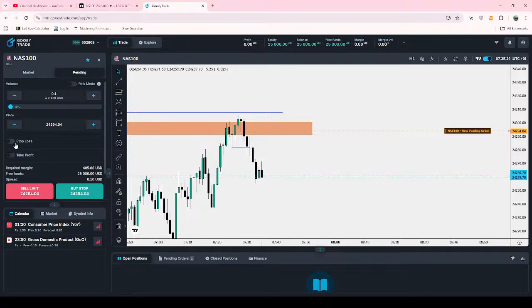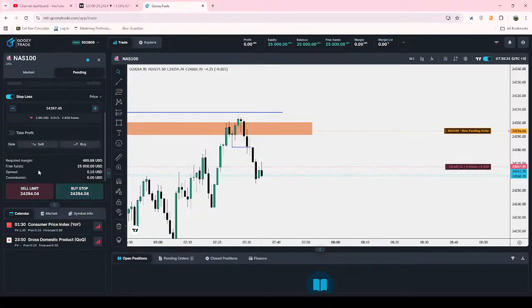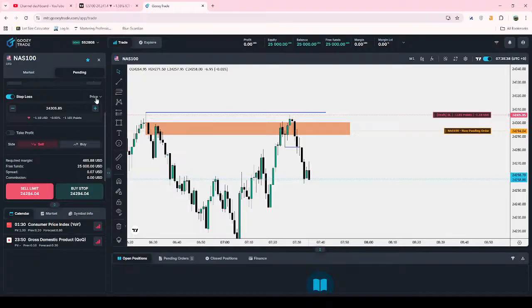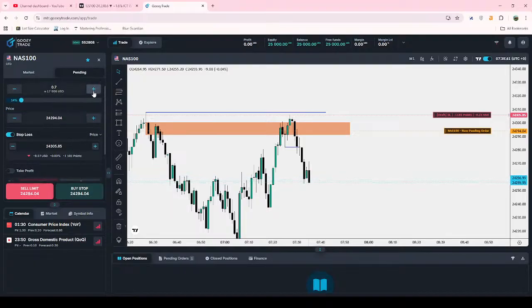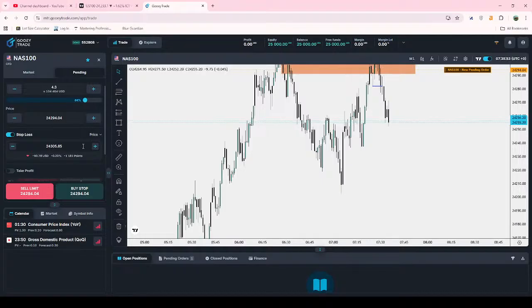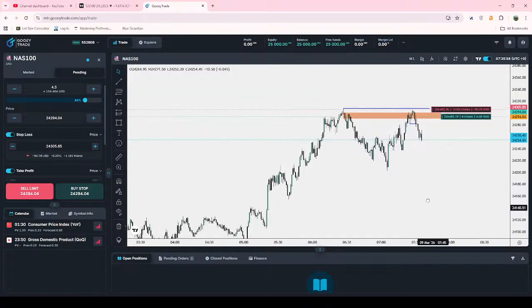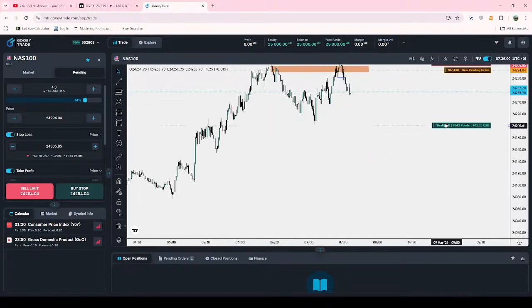I would take our entry here, put our stop loss just above this high, and our risk would be like $50. And our reward would be $400.